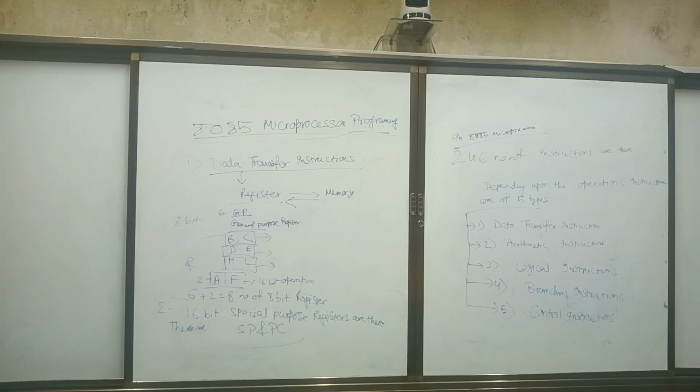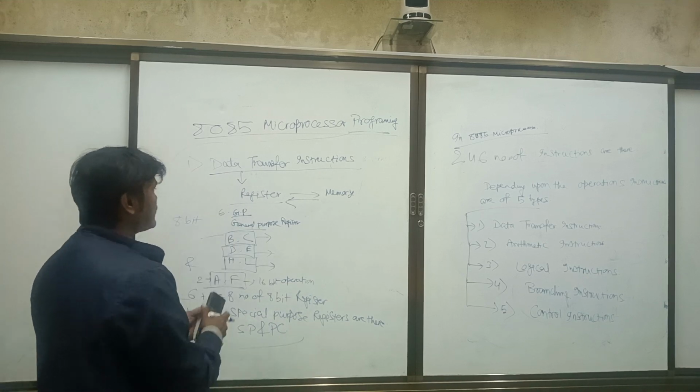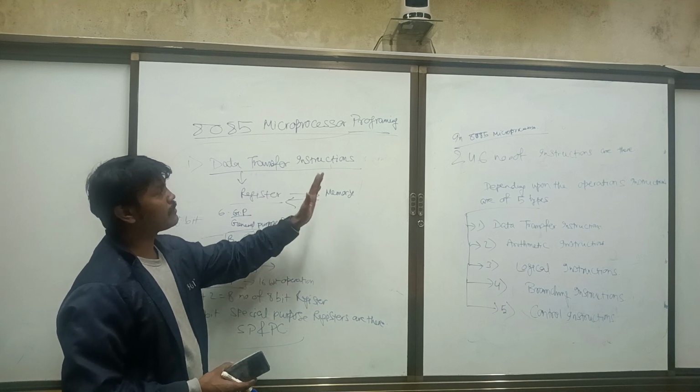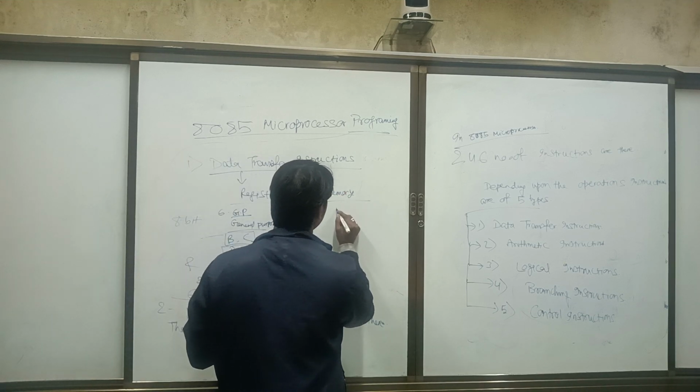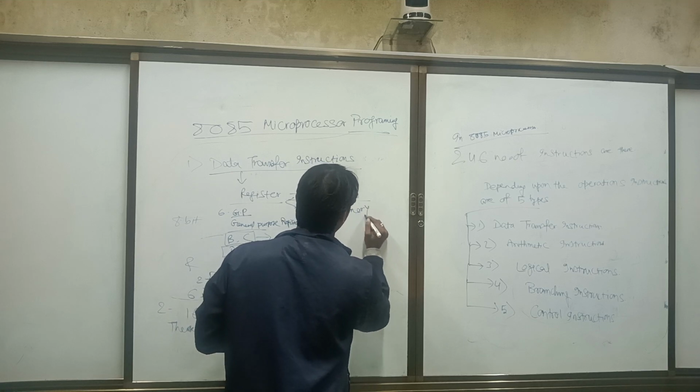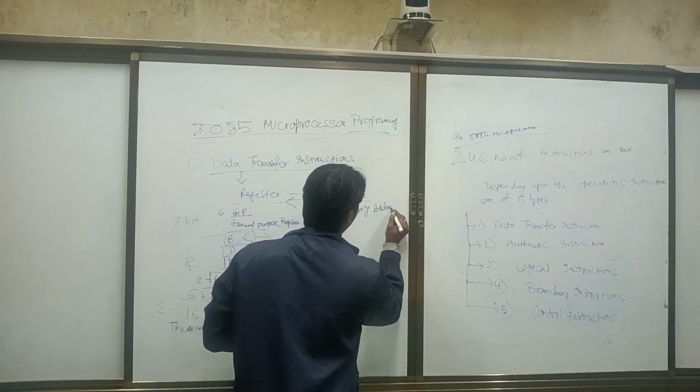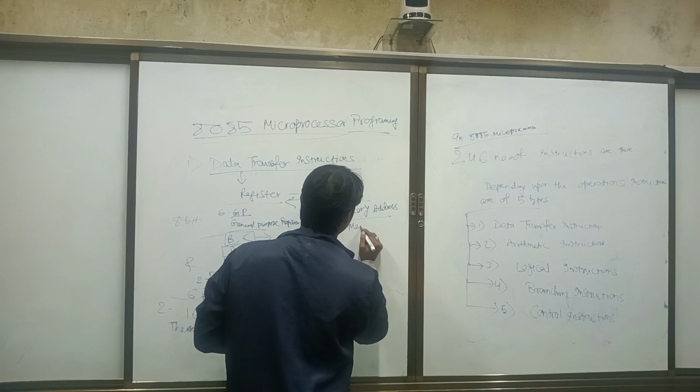SP and PC, right? Why am I doing all these things? Because whenever we are going to do some kind of operations, you need to know. And memory means nothing but the memory address or memory location, you can say.